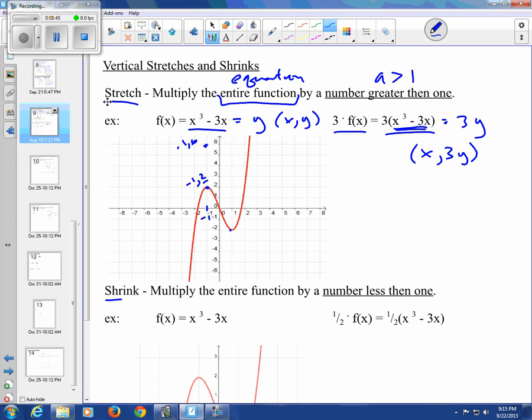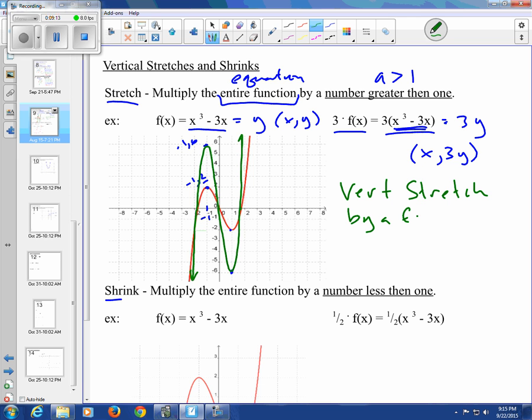And similarly, right here we would see this function value be 3 times its previous value, and we get the graph looking something like this, where the entire graph is vertically stretched by that factor of 3. And right here we would write this as a vertical stretch by a factor of 3. Notice, not the reciprocal, the actual number for vertical stretches and shrinks.